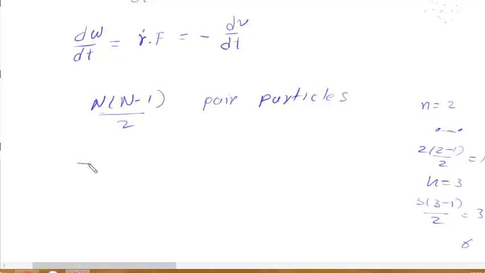We know the total energy is equal to the kinetic energy plus the internal potential energy, and we can also write work, since work is also energy. Then the kinetic energy plus the internal potential energy is equal to R dot F.